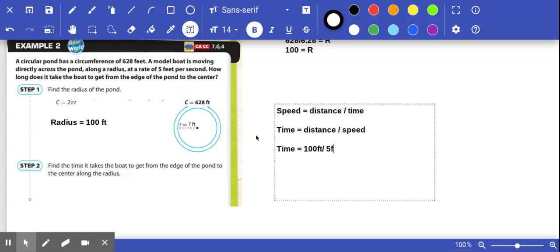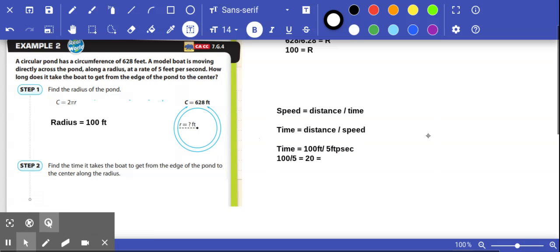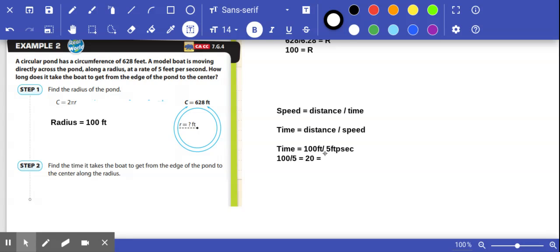So 100 divided by 5 equals 20. That means it's going to take approximately 20 seconds to get from one side to the center. We'll write it over here: 20 seconds to get to the center.